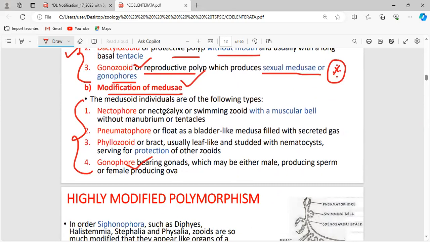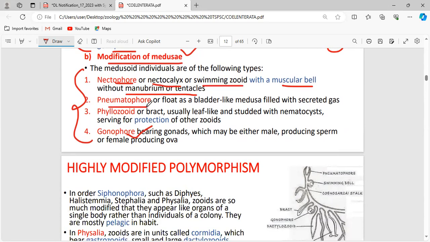Now, the modification of medusa. How is the medusa going to modify? The first one is the nectophore, or nectocalyx, or the swimming zooid. This nectophore is concerned with the function of swimming. That is why this medusa is called the free-swimming modification. What is responsible for swimming is the nectophore, or nectocalyx, or swimming zooid, with a muscular bell without manubrium or tentacles.